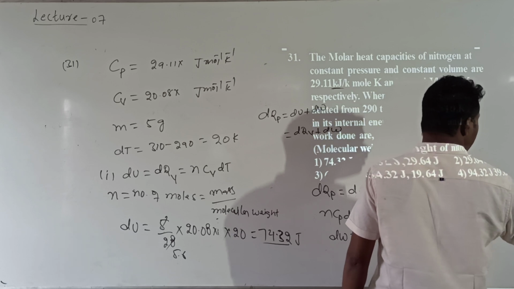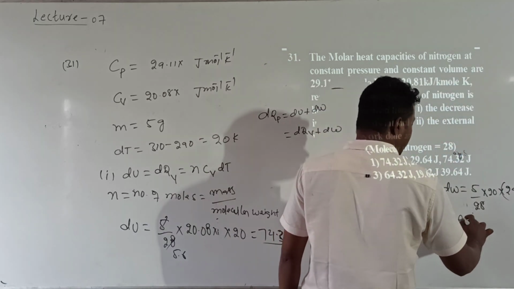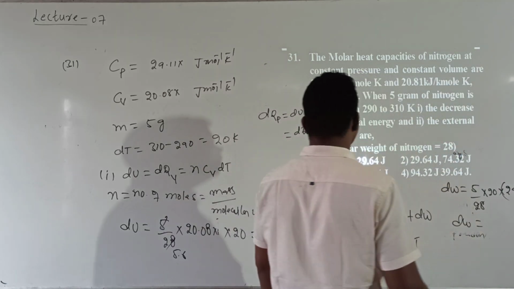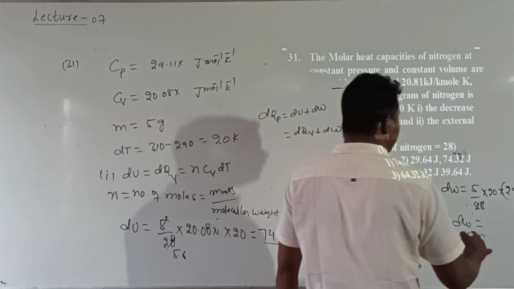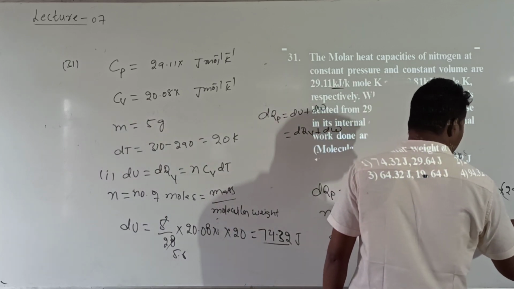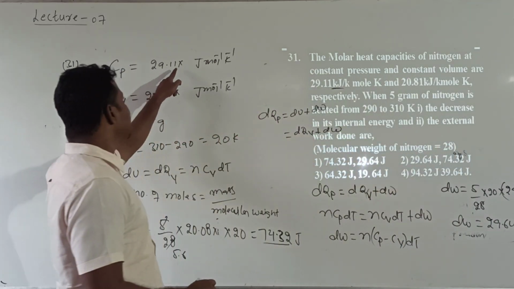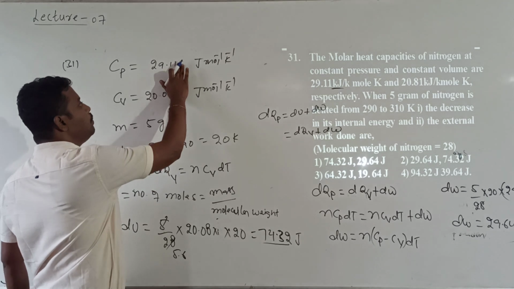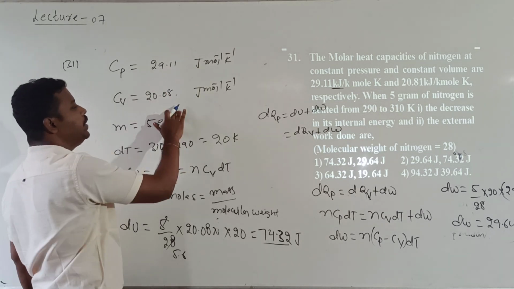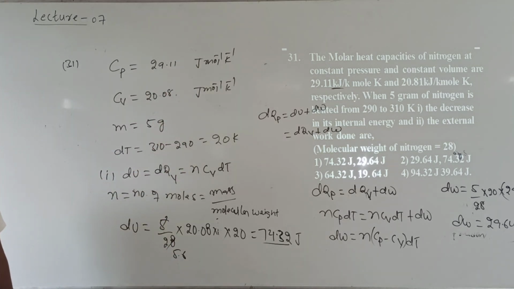You simplify this and you get 29.64 joules. But in the question, don't take kilo, take only joules. If you take kilo, the answer will be different. So this is question number 30.